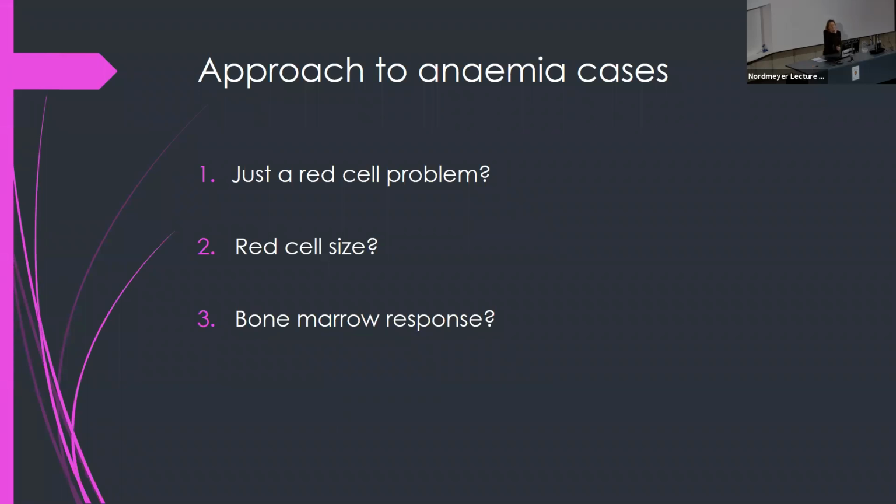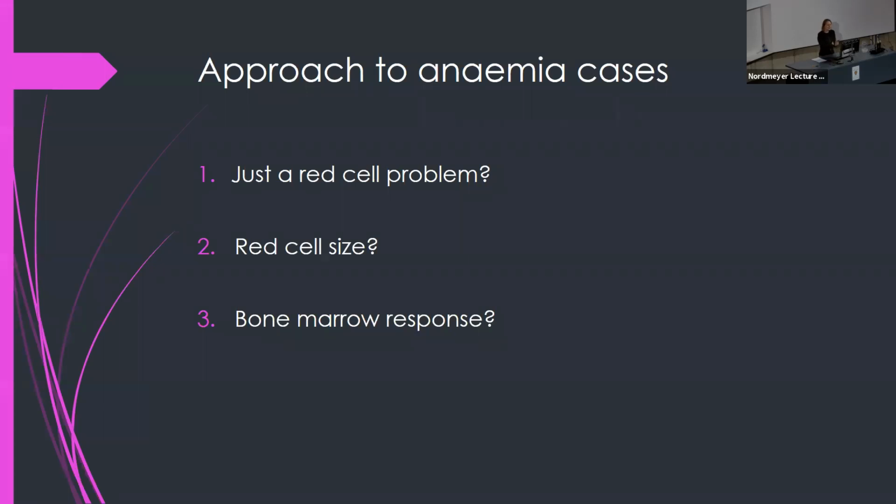The one that we use most of the time is the red cell size, so MCV. So it is worth looking at MCV. I think a lot of qualified doctors, by the time they've been qualified for a few years, have forgotten what MCV is, which means that they find it hard to interpret anemias. Mean cell volume, size of the red cells.